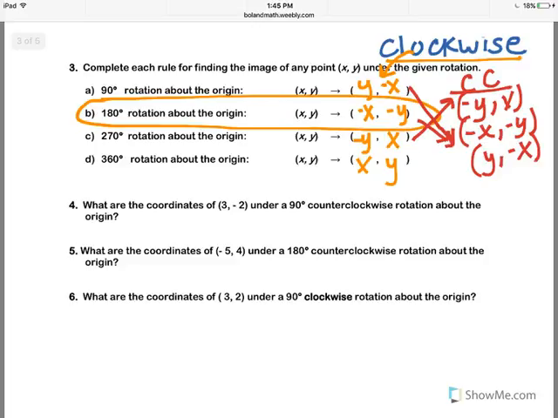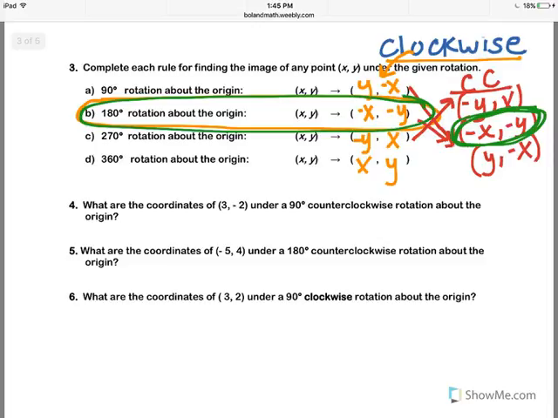The easiest rule to remember is the 180, because all you're doing is keeping the x and the y in the same position and just changing the signs. Okay, so if we look at number 4, it says, what are the coordinates of (3, -2) under a 90-degree counterclockwise rotation?